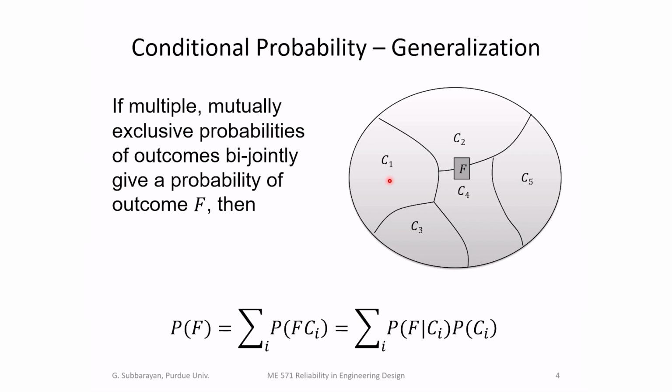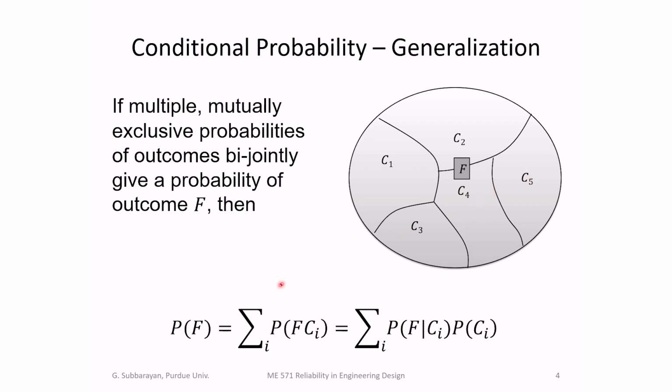Therefore, we can think of the failure event as having many causes, but they're all mutually exclusive and they're all disjoint, meaning that failure could occur either by C1 or by C2 or by C3 and so on. They're mutually exclusive, but they're all disjoint. So failure could occur by cause 1, cause 2, cause 3, 4, and 5, and so on.